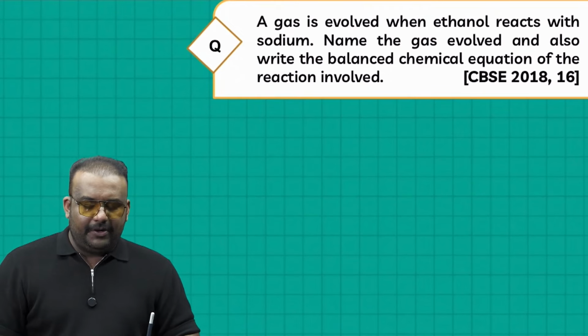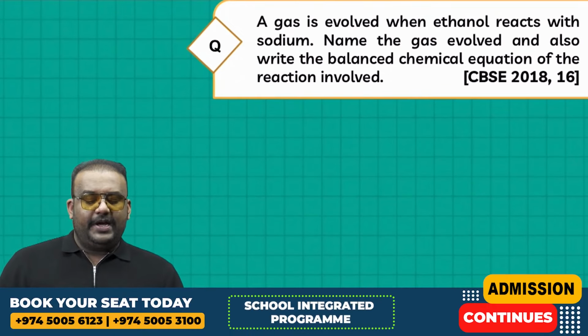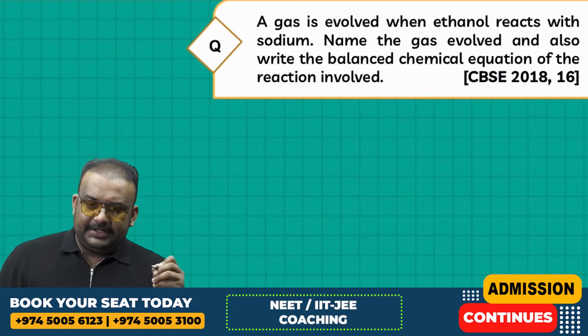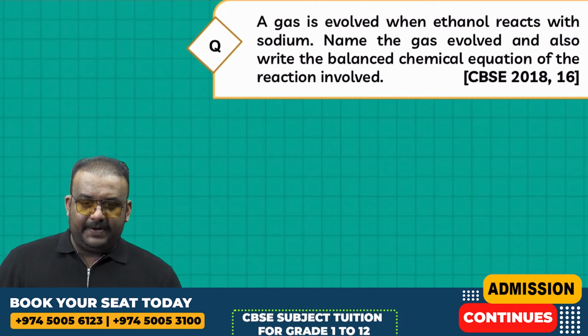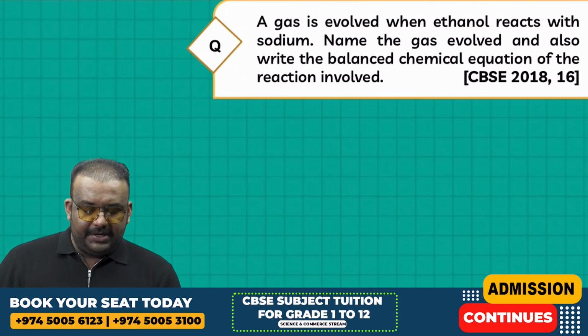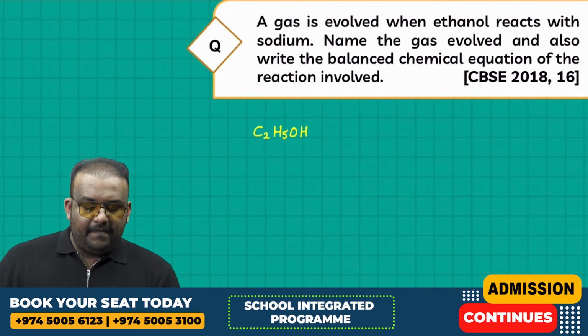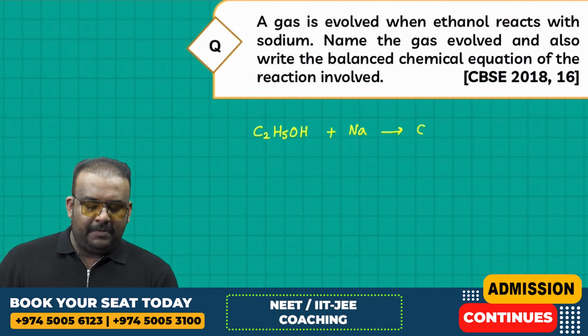A gas is evolved when ethanol reacts with sodium. Name the gas evolved and also write the balanced chemical equation of the reaction involved. This is something that we did in the first part of the discussion. You know, an alcohol like C2H5OH, when it reacts with a metal like sodium, what does it form?